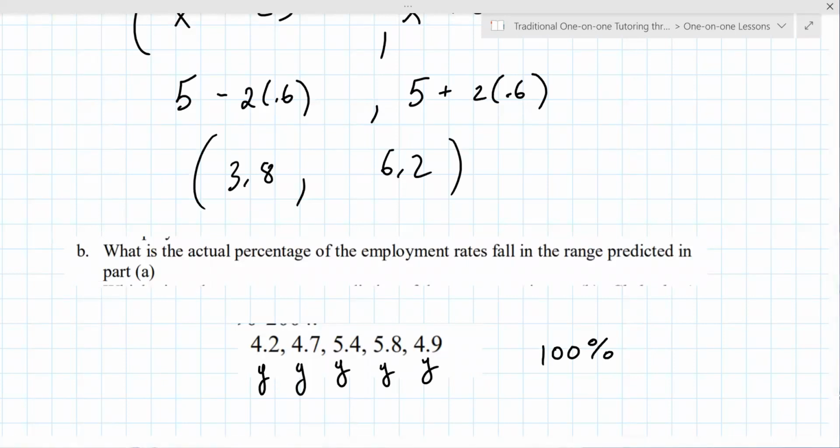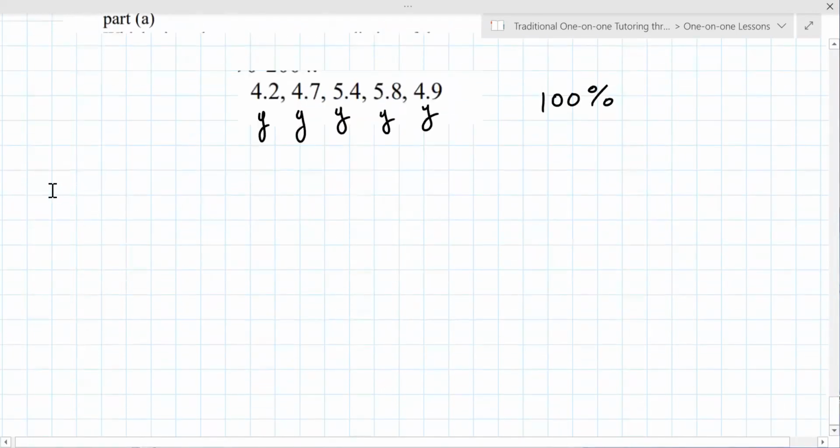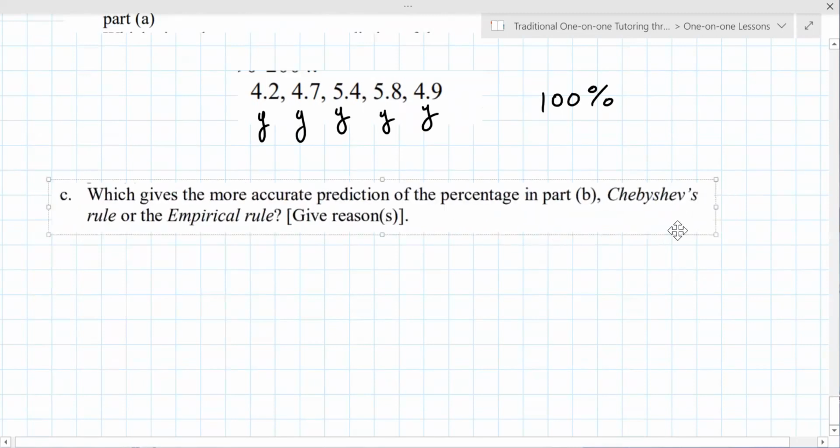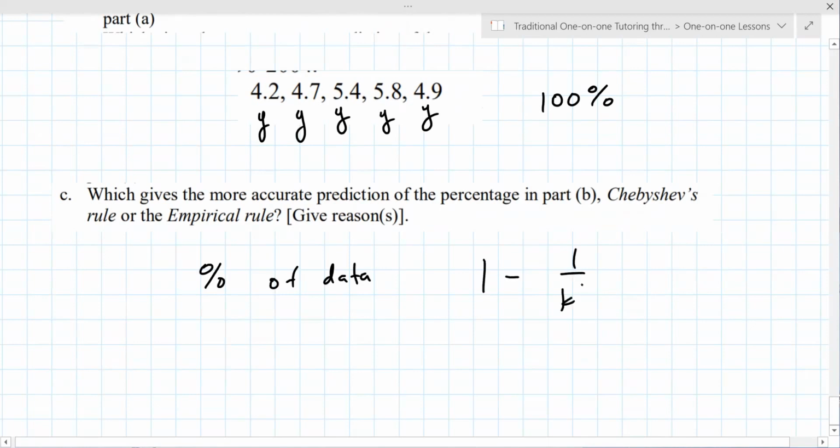Part C is quite awkward because up until now you have not talked about Chebyshev. I don't know why this guy gets so much credit, but at least in textbooks they go over this. He says the percent of data follows this formula: 1 minus 1 over k squared, where k is the number of standard deviations.